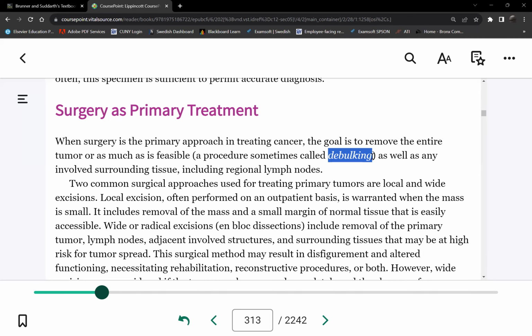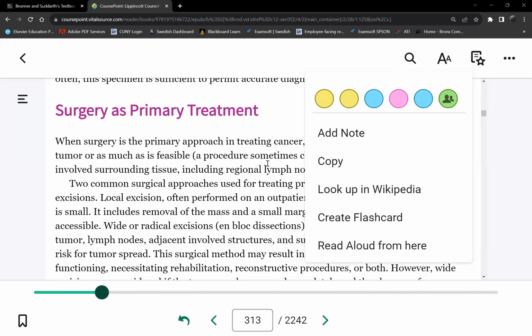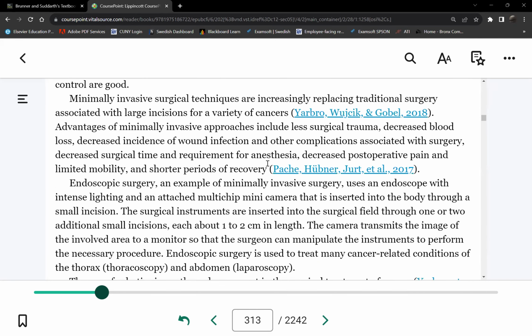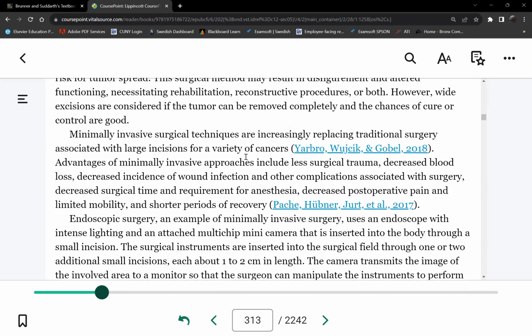They'll remove part of the tumor today, continue with chemo and radiation, and after a while we go back in and finish the job. That's still curative surgery. There are many ways to do that.